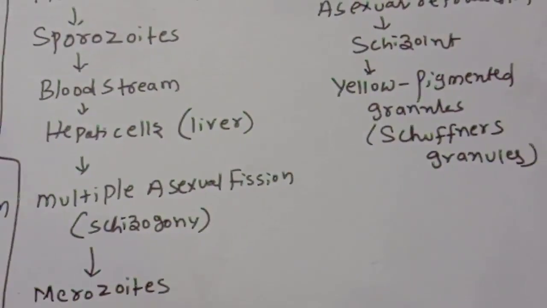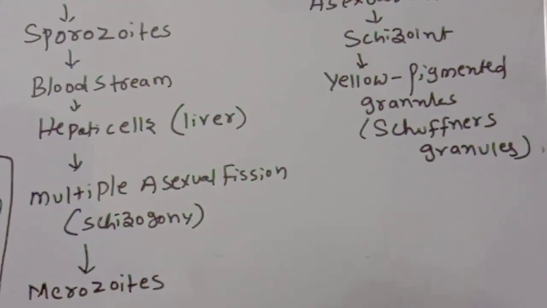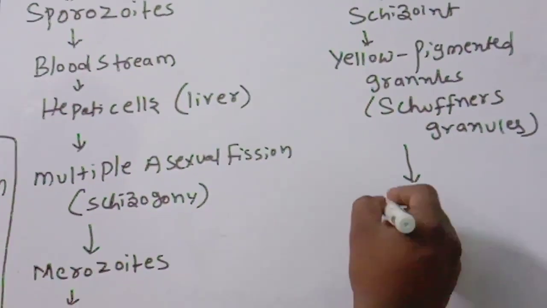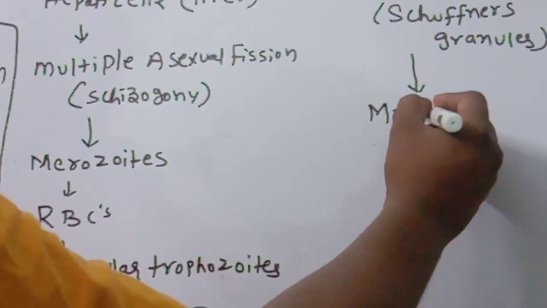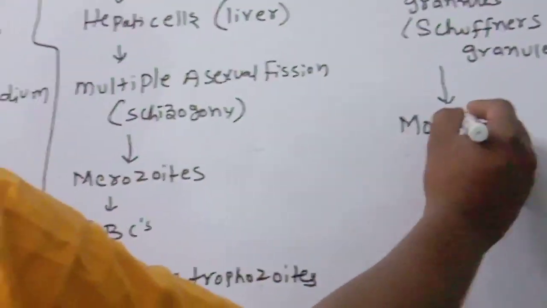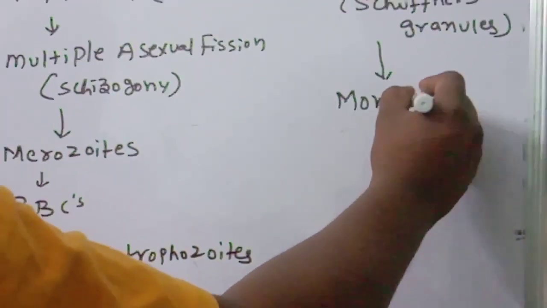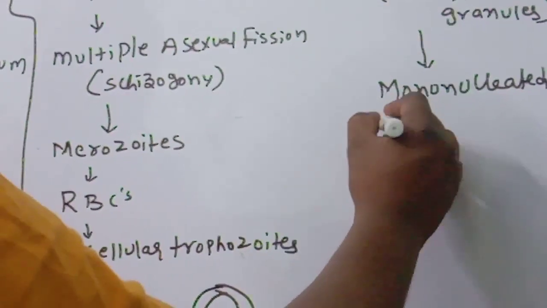Okay, children. In these Schuffner's granules, the schizont divides and produces mononucleated merozoites.